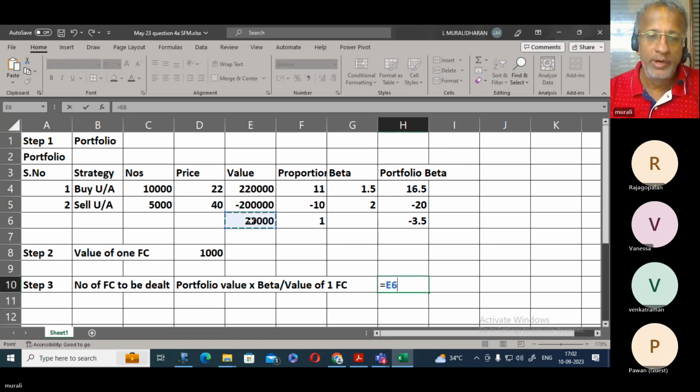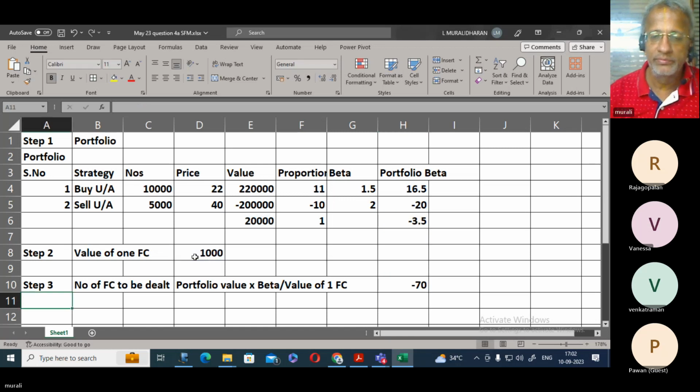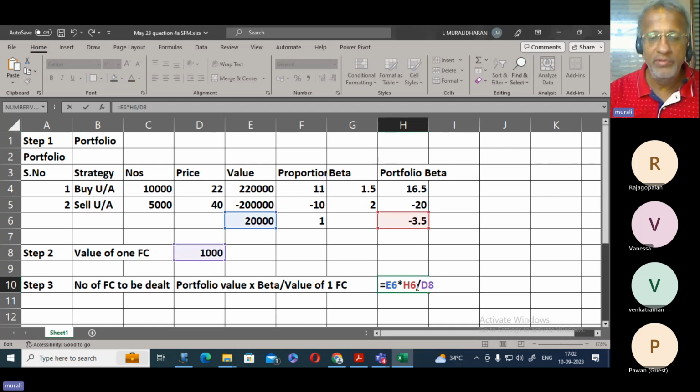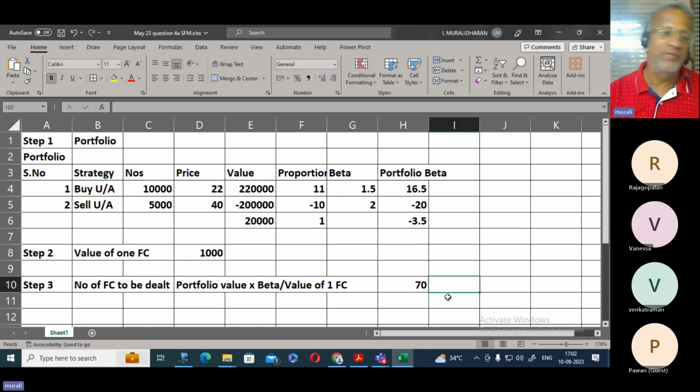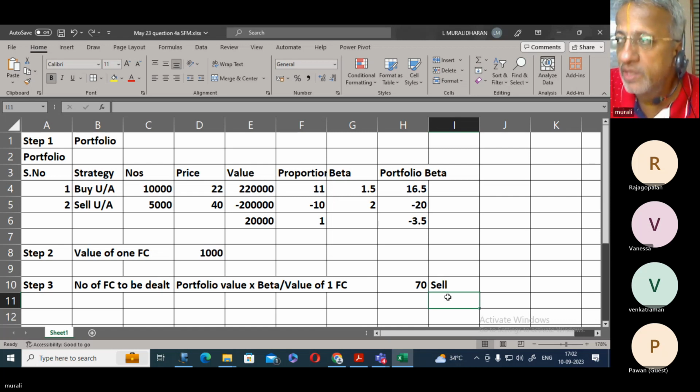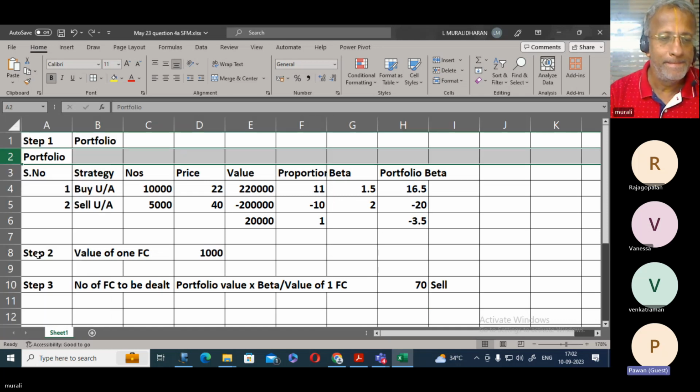How come? 20,000 multiplied by 3.5 divided by 1,000. So 70 contracts. Here we put the minus sign and tell what action we will be taking: sell, because negative will always indicate short, that being sell. Is that okay? Are you clear about this one? Yes, sir.